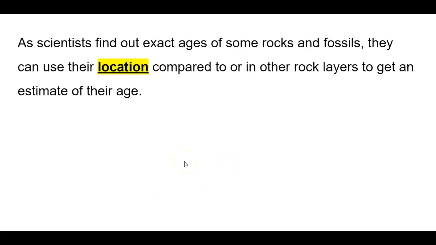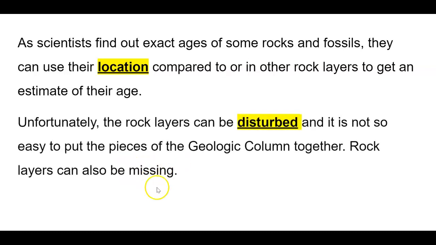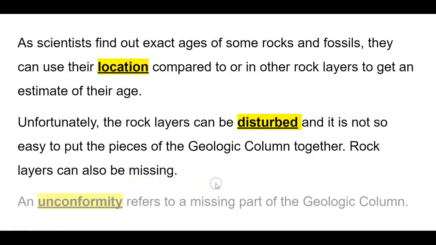As scientists find out exact ages of some rocks and fossils, they can use their location compared to other rock layers to get an estimate of their age. Unfortunately, the rock layers can be disturbed, and it's not so easy to put the pieces of the geologic column together. Rock layers can also be missing. An unconformity refers to a missing part of the geologic column.